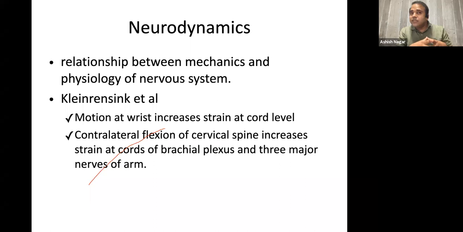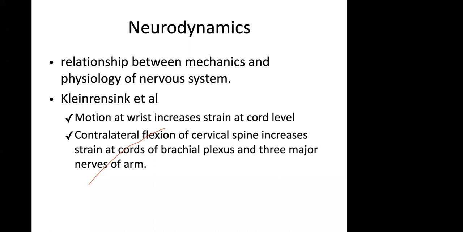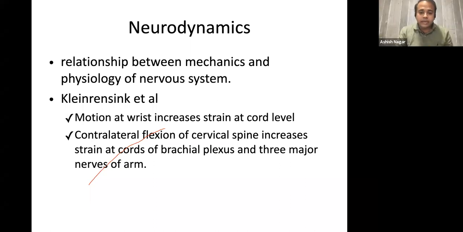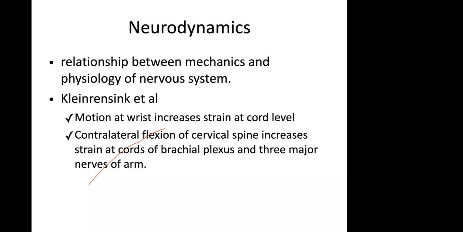You might feel it, you might not, depending on how much intensity you are applying. Similarly, contralateral flexion means if I am doing the movement on my right side, then the contralateral flexion is flexion laterally on the opposite side.